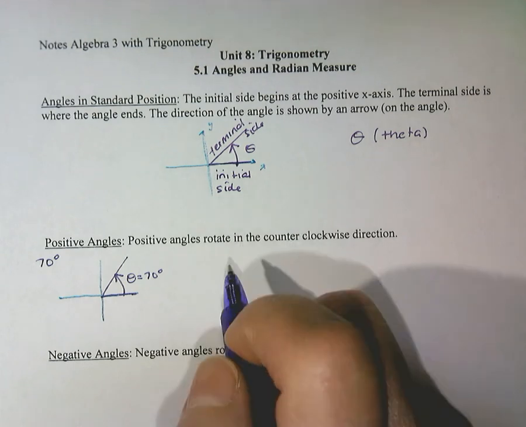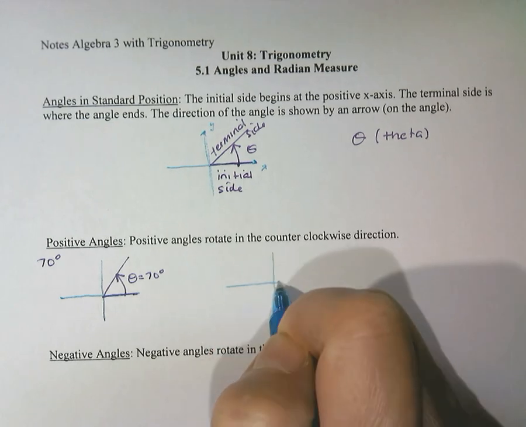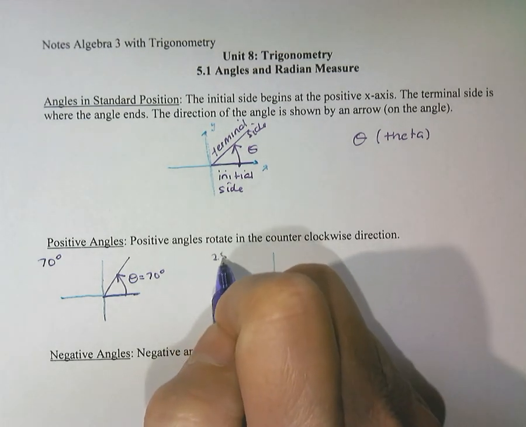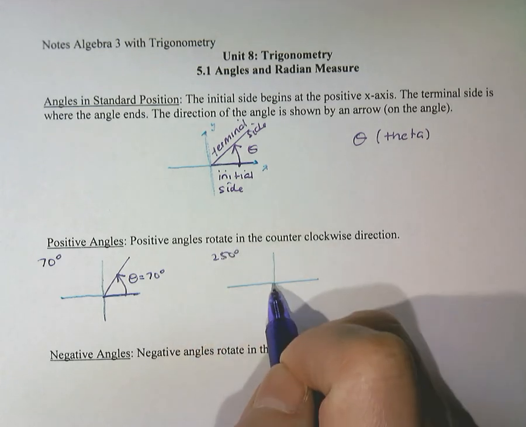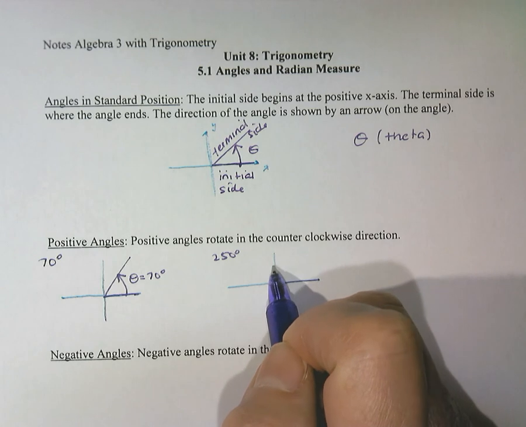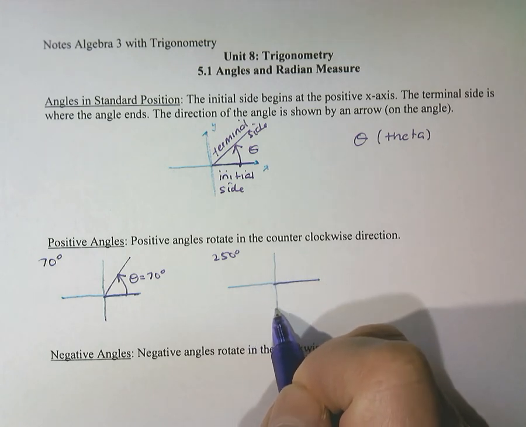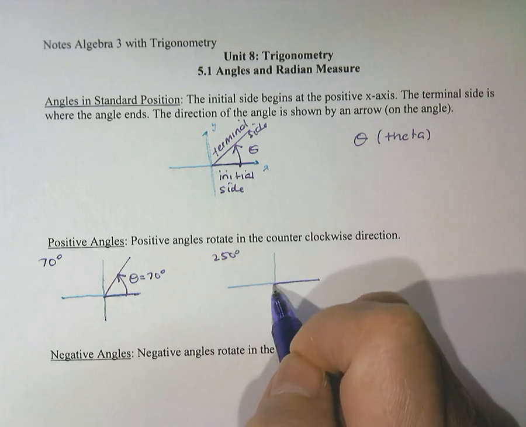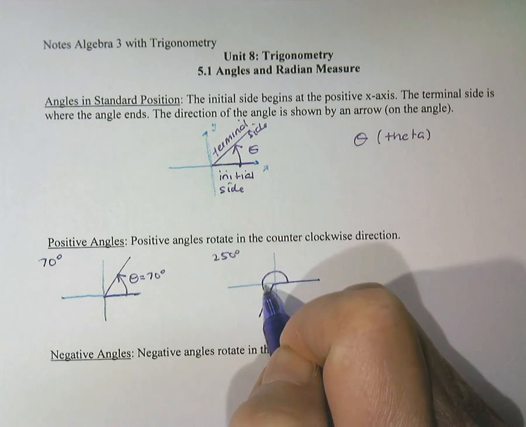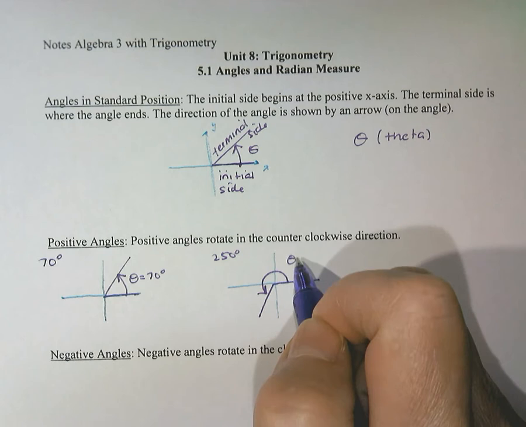If I wanted to draw another angle, say 250 degrees, I'm going to start here. If I go here, it's 90. Halfway around a circle is 180. All the way down here is 270. So I have to stop before I get to the y-axis, and it's going to look like that. So theta is equal to 250 degrees.